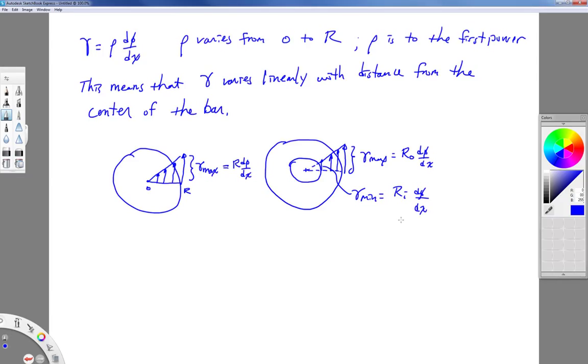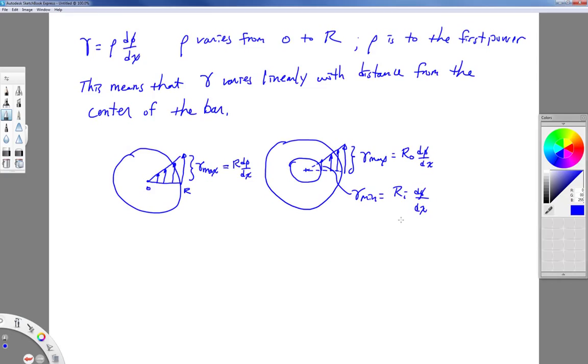So just by that analysis, I know where my largest shearing strains are going to be for a bar in torsion. We'll later see that the shearing stresses will be related directly to the shearing strains through Hooke's law. So the biggest shearing stresses will be on the outside edge of a bar in torsion.